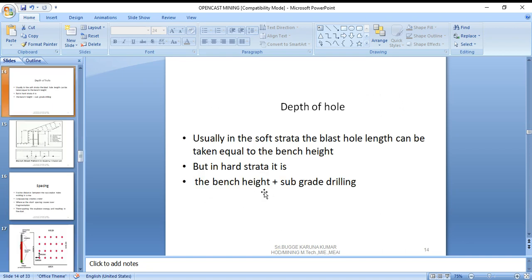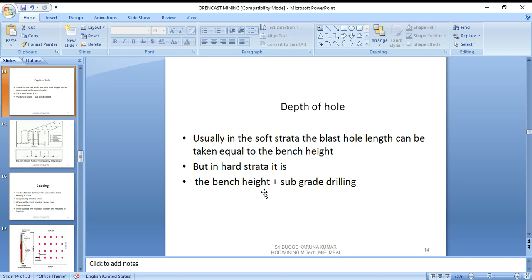One more idea. Coming to each one, what is the depth of the hole? Usually in soft strata, the blast hole length can be taken equal to the bench height. But in hard strata, it is bench height plus subgrade.